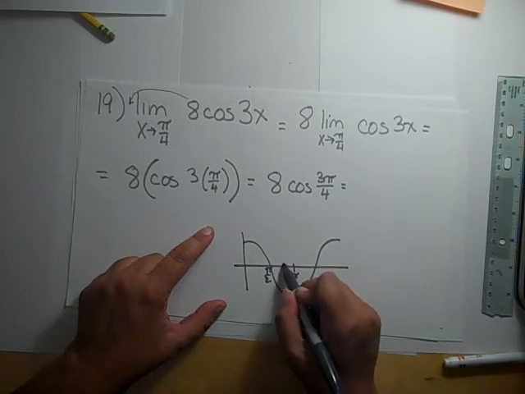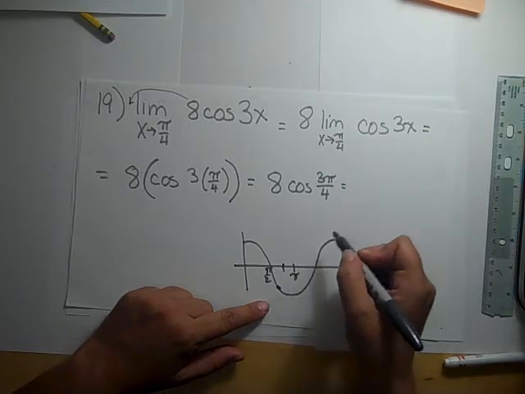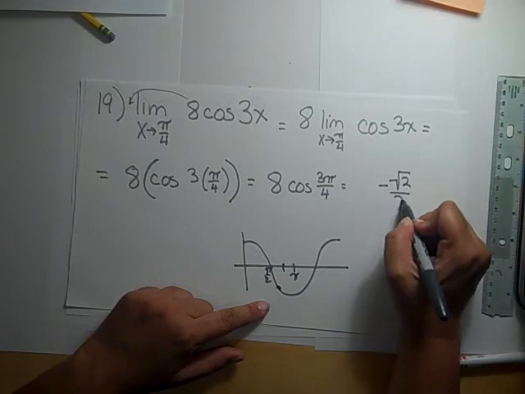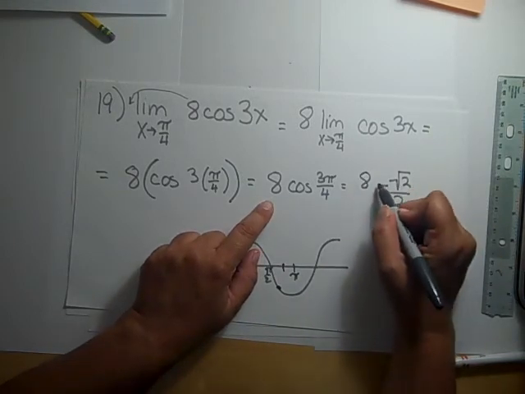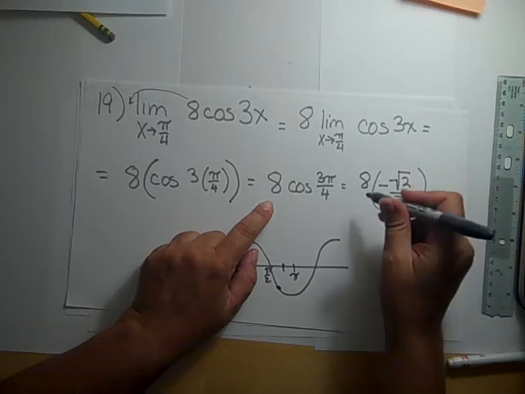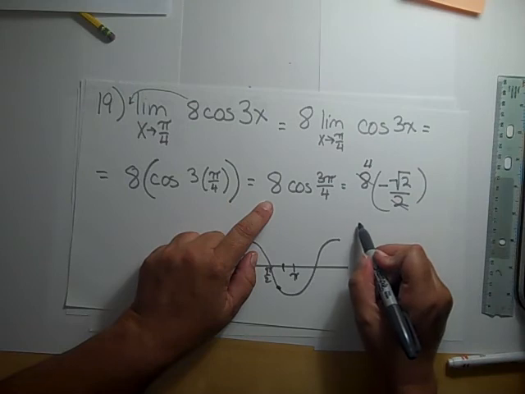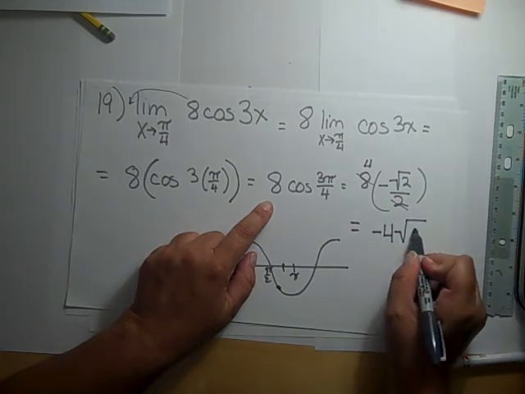So 3 pi over 4 is going to be here. We're in negative land. So it's going to be negative square root of 2 over 2. And we have to multiply it by 8. So we have 8 times that. These are going to cancel, give us a 4. So that's going to equal negative 4 square root of 2.